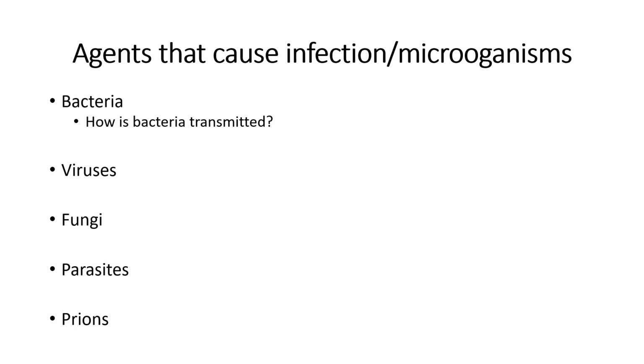Other microorganisms are viruses. Viruses are composed of nucleic acids and proteins, and they're bound in a membrane-bound protein cell. They reproduce inside living cells. A lot of viral infections are more acute. Our body's defense mechanism hopefully fights these off a little bit better. That's why we don't tend to see a lot of antibiotics given for viral infections.